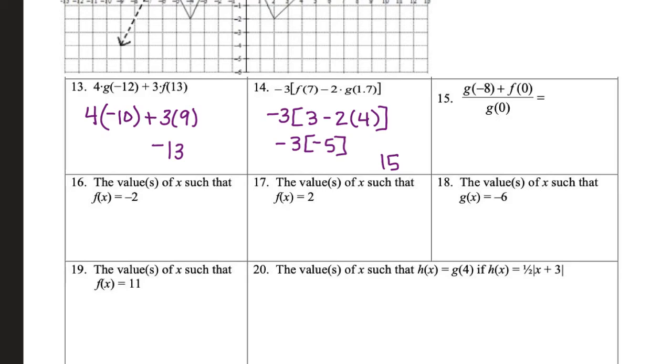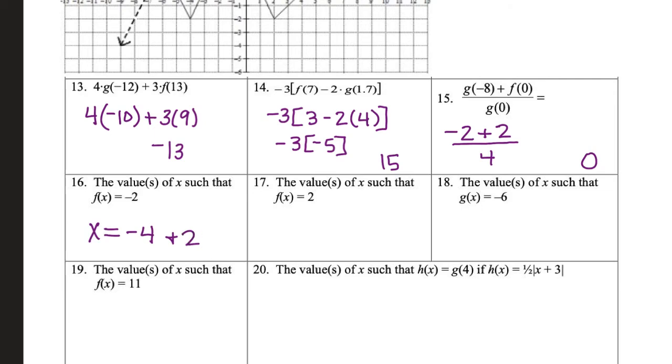And then the next one, number 15, you're going to have negative 2 plus 2 all over 4. So that's going to give you 0. For 16, just draw your line there and that makes it a lot easier. Draw your line through negative 2 and you're going to get 2 places, negative 4 and 2.